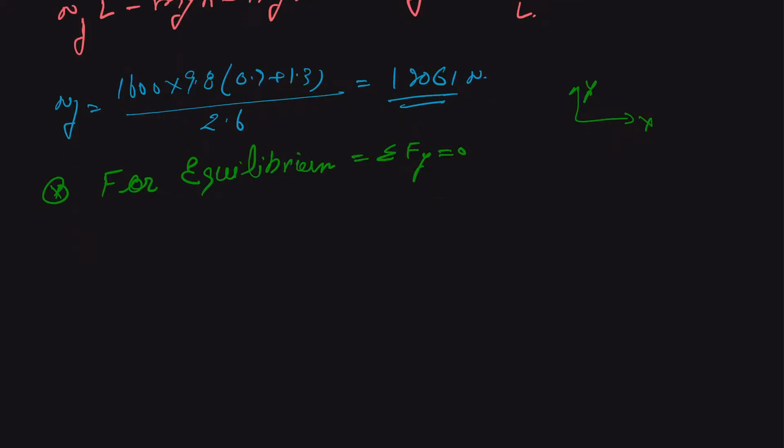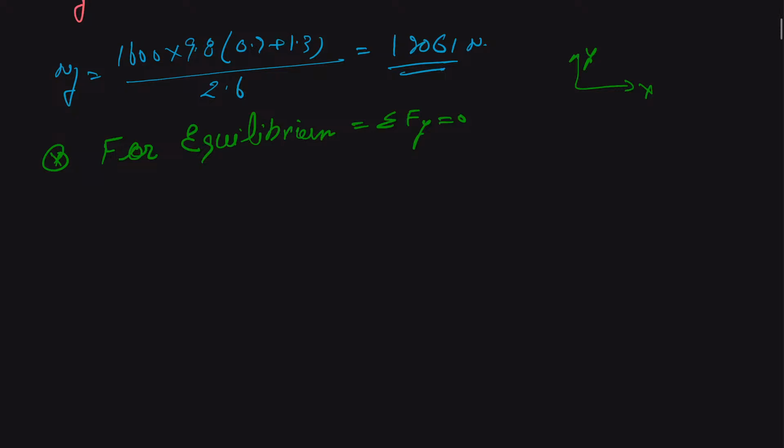And under this condition, we can write that our rear wheel plus front wheel should be equal to our mg.